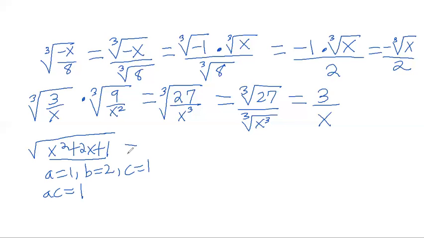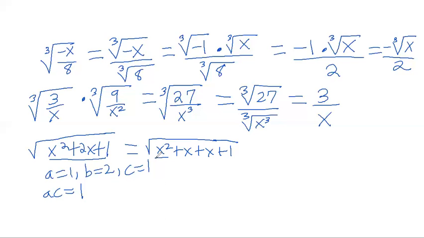So that means this is going to factor to what? Well, I would have x squared plus x plus x plus 1. I rewrite it where now I have my middle term written as x plus x instead of 2x. I split it up because 1 times 1 gives us 1, and 1 plus 1 gives us 2.